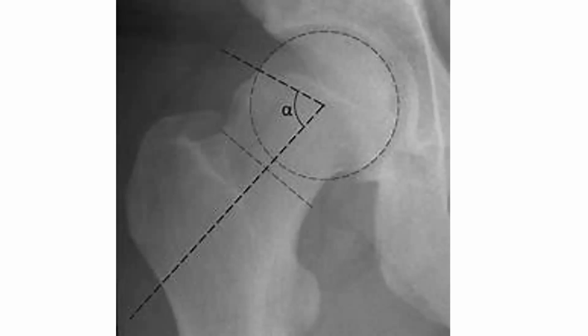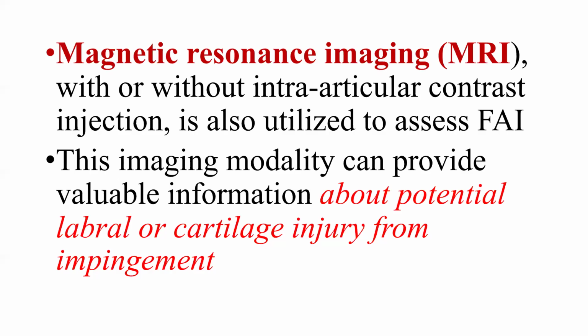degenerative arthritis. Magnetic resonance imaging, MRI, with or without intra-articular contrast injection, is also utilized to assess femoral acetabular impingement. This imaging modality can provide valuable information about potential labral or cartilage injury from impingement.